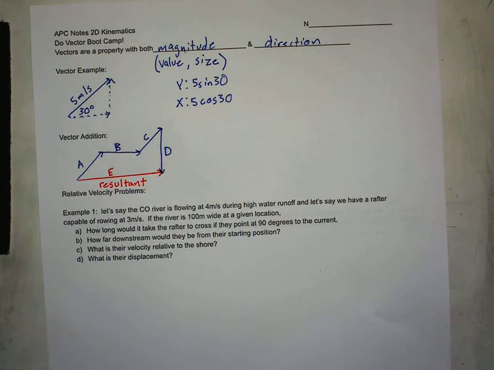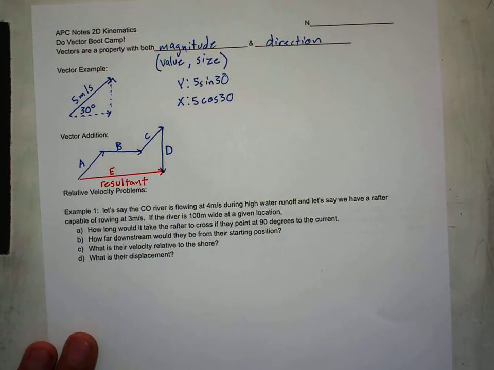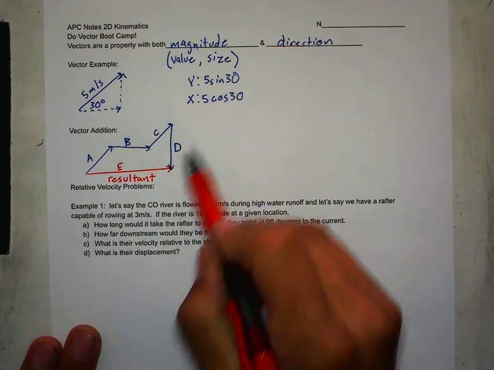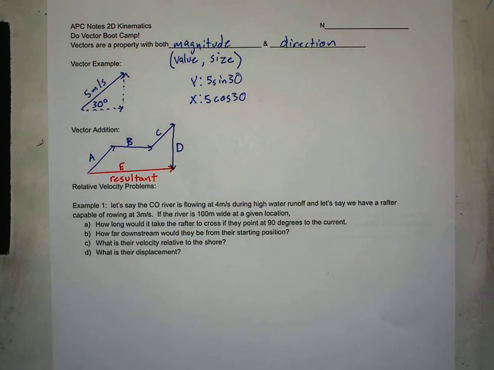All right, now we got to remember that this red line has both magnitude and direction. Vector Boot Camp's going to do a really good job of teaching you the math of how to get that value. Okay, have we done that before? Do we feel like we've conquered that in math? Okay. Vector Boot Camp's going to show you some more stuff on that. All right, so we're going to leave that alone, but that's kind of what's coming.